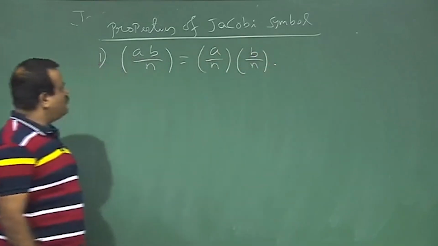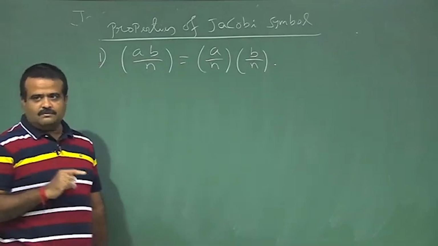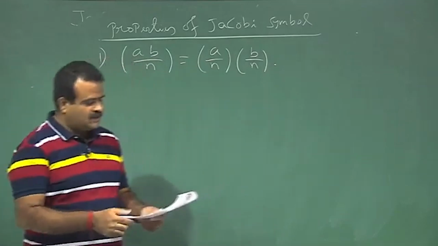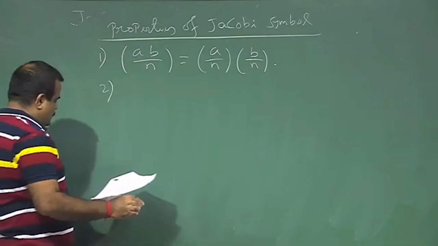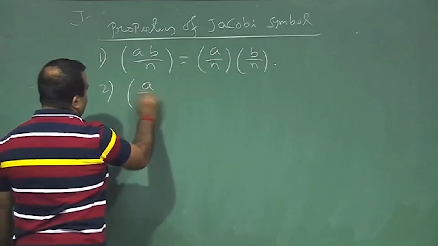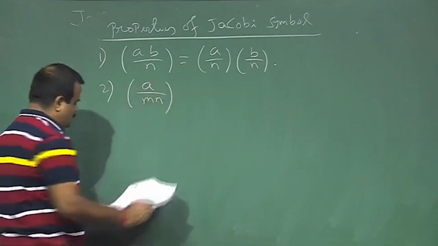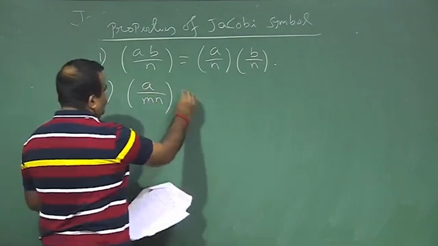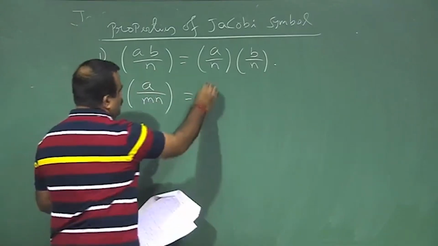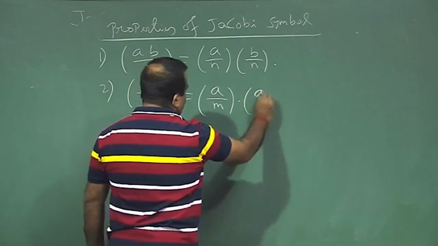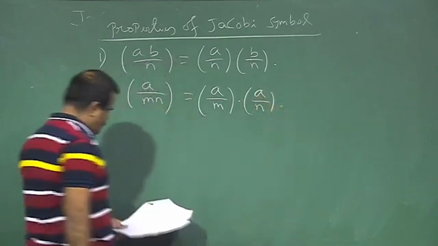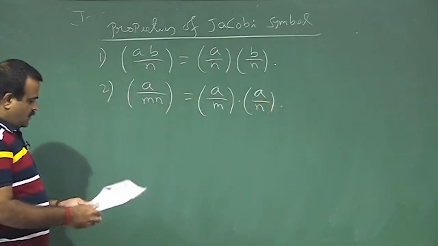This can be proved from the Legendre symbol theorem. We have seen this type of result in the Legendre symbol. Now, a by mn is basically a by m into a by n. This also we can prove.